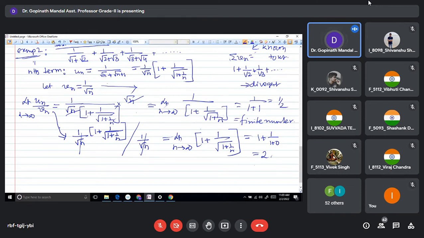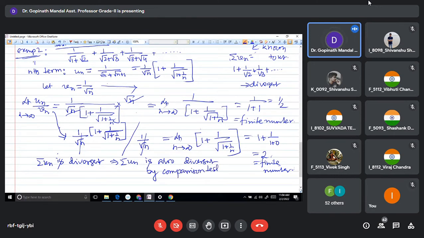So this is also a finite number. That means Un and Vn converge or diverge together, and since Vn is divergent, this implies Un is also divergent, by the comparison test.